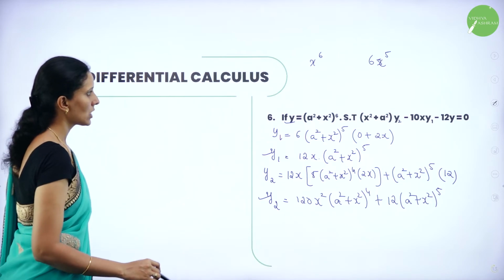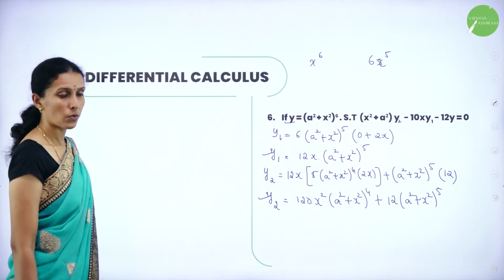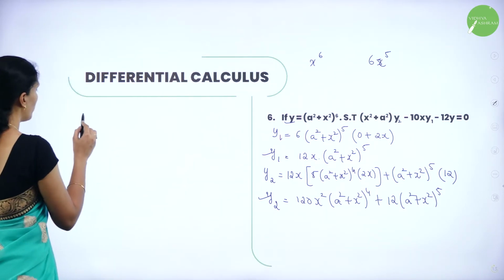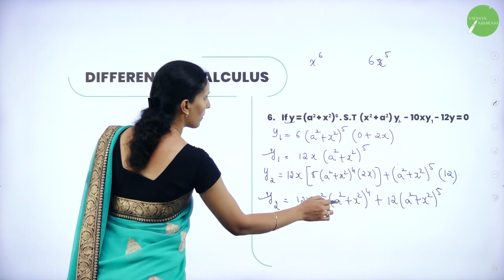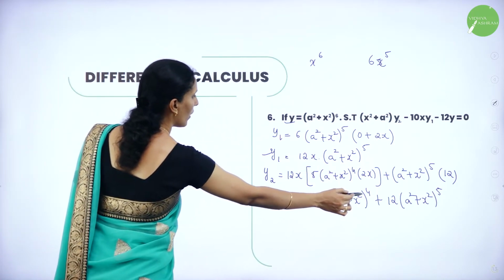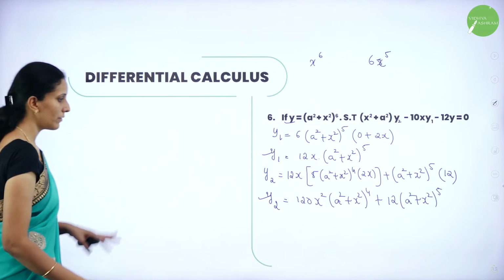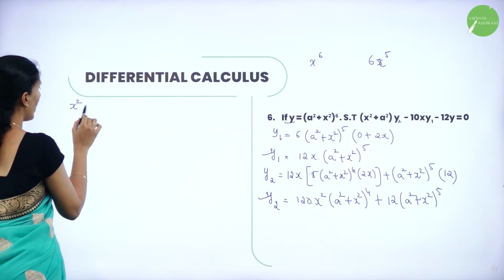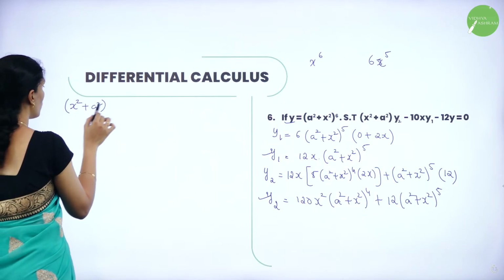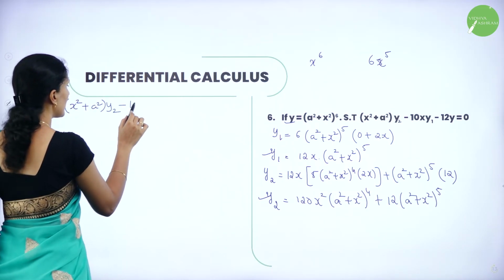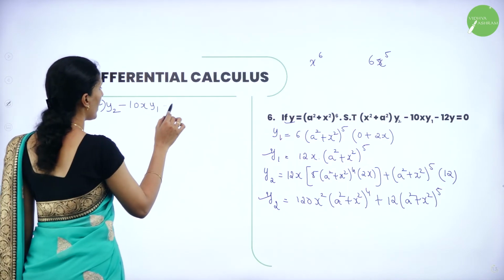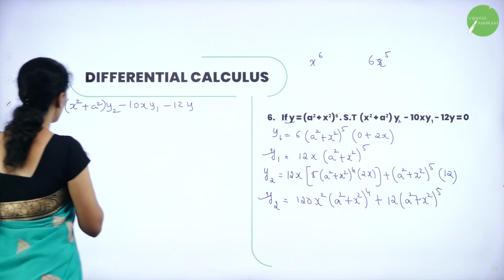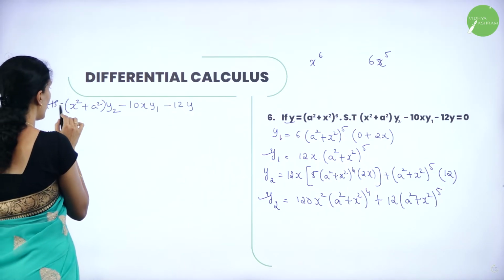So the first one is (x square plus a square) into y2. So when you are multiplying by x square plus a square, already you have 4 here, so it will become 5. So the first one is (x square plus a square) into y2 minus 10x y1 minus 12y. Let's see now. I have considered the left hand side.